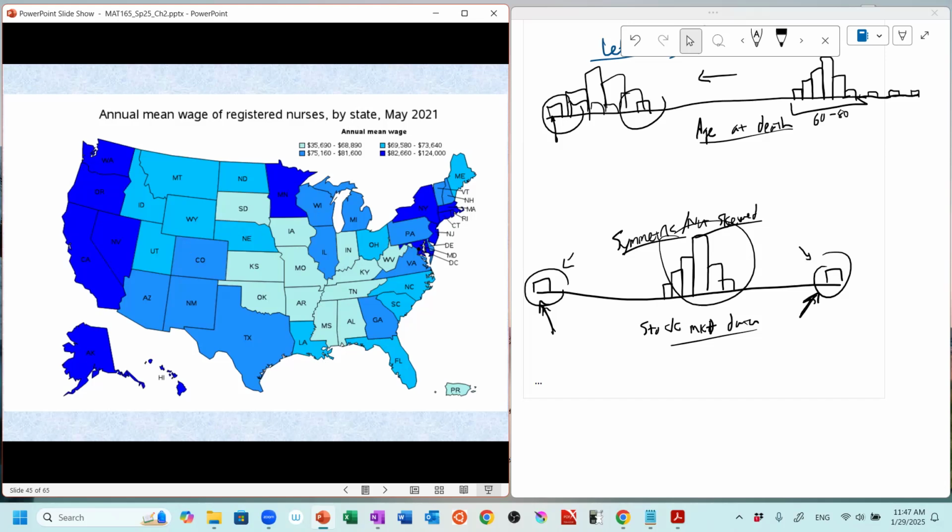As an aside, is it worth it for you to say, I'm going to go to New York because I'll make more money instead of staying in PA where on average I'll make less money? Well, you have to consider cost of living as well. In New York City, or in Los Angeles and California, cost of living is extremely high.